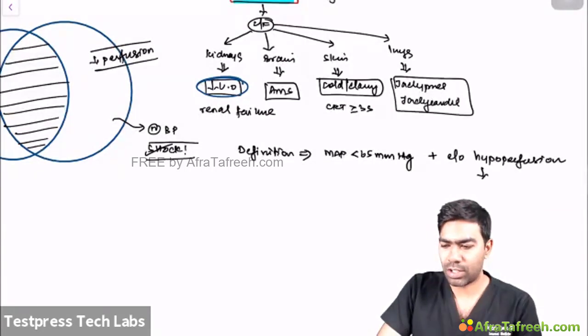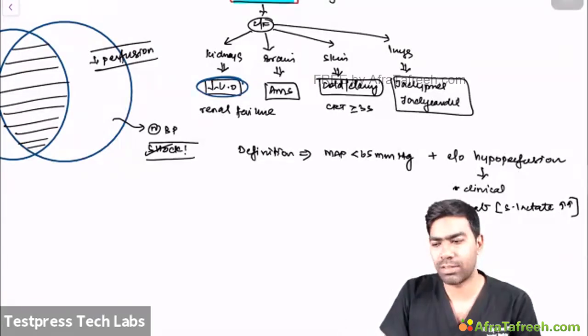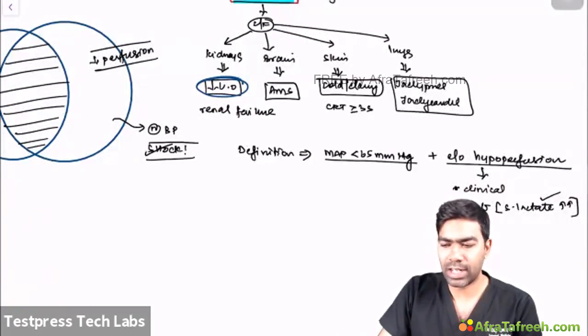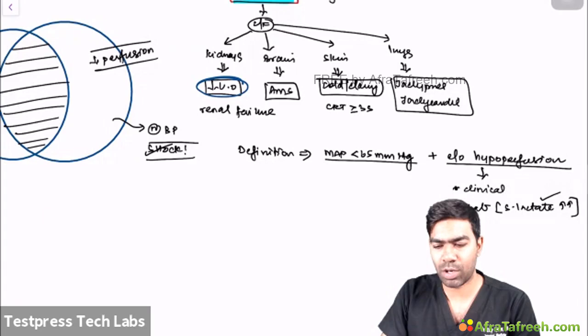Either you have clinical evidence of hypoperfusion or some laboratory evidence of hypoperfusion. In general, we measure the serum lactate, which will be elevated in a hypoperfused state, because whenever there is hypoperfusion, there will be anaerobic glycolysis. Because of that, the serum lactate will be elevated. So either clinical or laboratory evidence of hypoperfusion along with a MAP of less than 65.